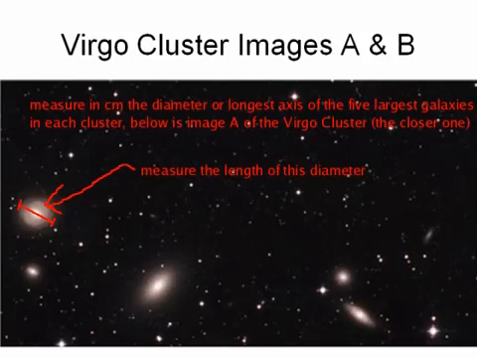So measure the length of this diameter, and then if you have an elliptical galaxy, kind of like the one a little bit to the bottom and to the right, you would measure the longest axis. So let me make a line through that too. I'm trying to estimate the same level of brightness to which I'm going to measure the long axis. It doesn't have to be totally exact.